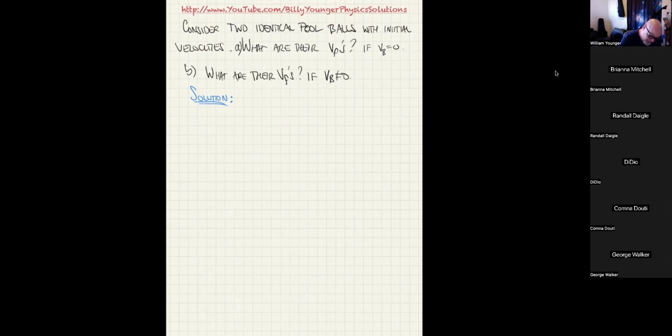That's not too bad of an estimation, but with that in mind, equation 1 gives us MA VA plus MB VB is equal to MA VA prime plus MB VB prime. But here's the kicker: MA equals MB is equal to M.